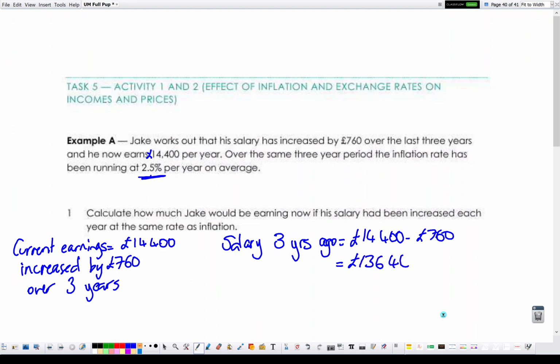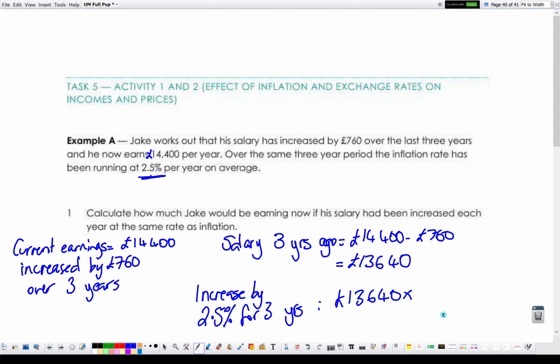So what we have to do now is work out, if that had increased by 2.5% per year for 3 years, what would the salary be? Would it be more than his current earnings, or would it be less? So we're going to start with 13,640 and multiply it by a multiplier for an increase of 2.5%.